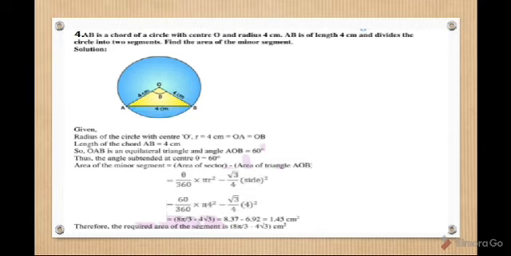So area of minor segment will be area of sector minus area of triangle AOB. Just put the formula in place of r square, put 4 square because radius is 4 given, and in place of side square for the triangle it will be also 4. Just do the calculation, you will get the area of the minor segment.